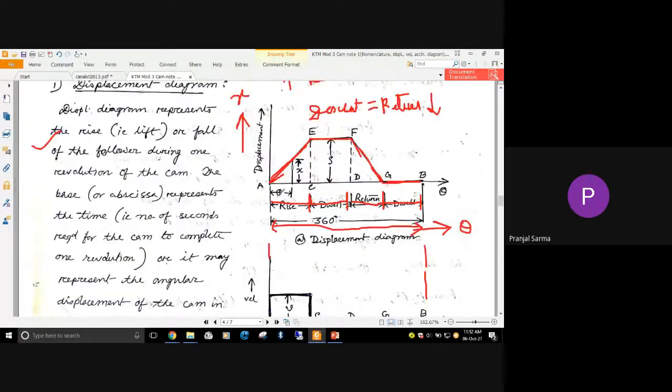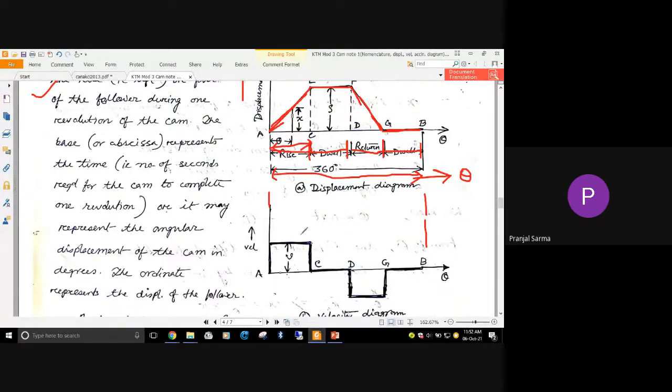Now from A to C, it is the rise stroke, and the velocity is uniform. After that, from C to D, if you project from here to here, this is the dwell, and then the return stroke.